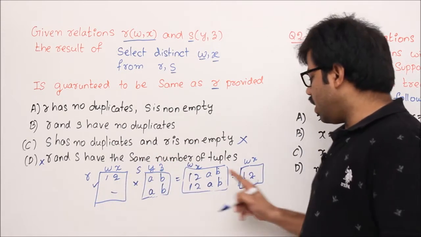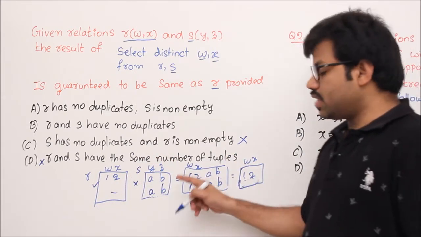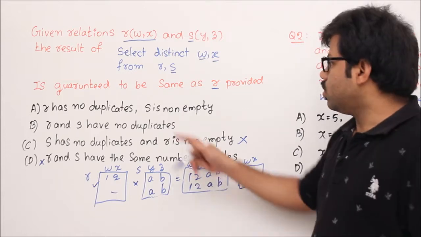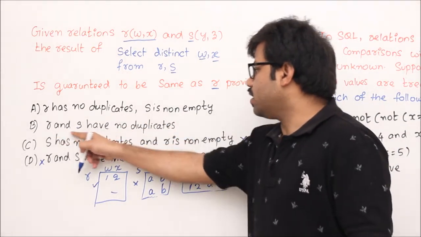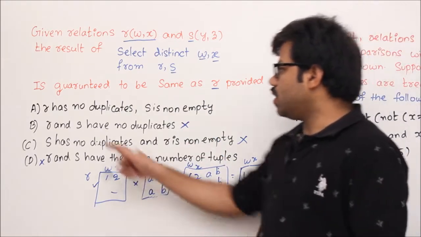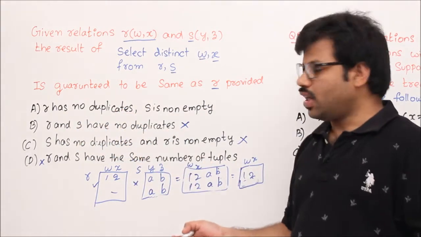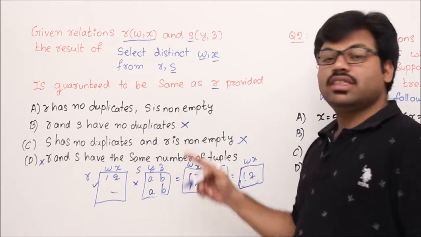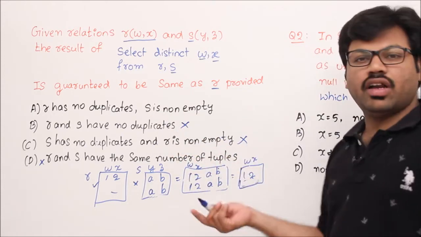So see, 1, 2 here, and here also 1, 2. That means S can have duplicates, not a problem. But this option says that R and S have no duplicates, so option B is eliminated. So now only one option: R has no duplicates. We know that R should not have duplicates. Second one, S is non-empty. Sir, why should S be non-empty?